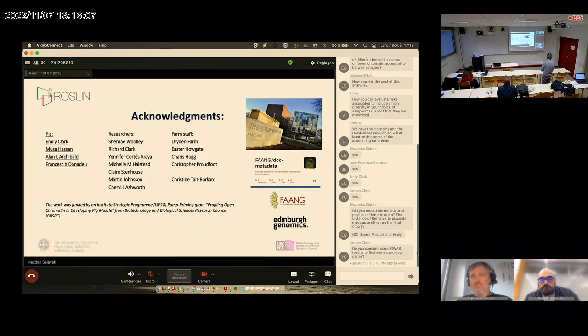Do you combine some GWAS results to find some candidate genes? I don't know if Mazdak, you can see in the chat box. Yes, I can see. I think I briefly touched on this. Yes, this study went on to be a bit of a pilot for another body of work that Emily leads with some other colleagues here at Wesleyan.